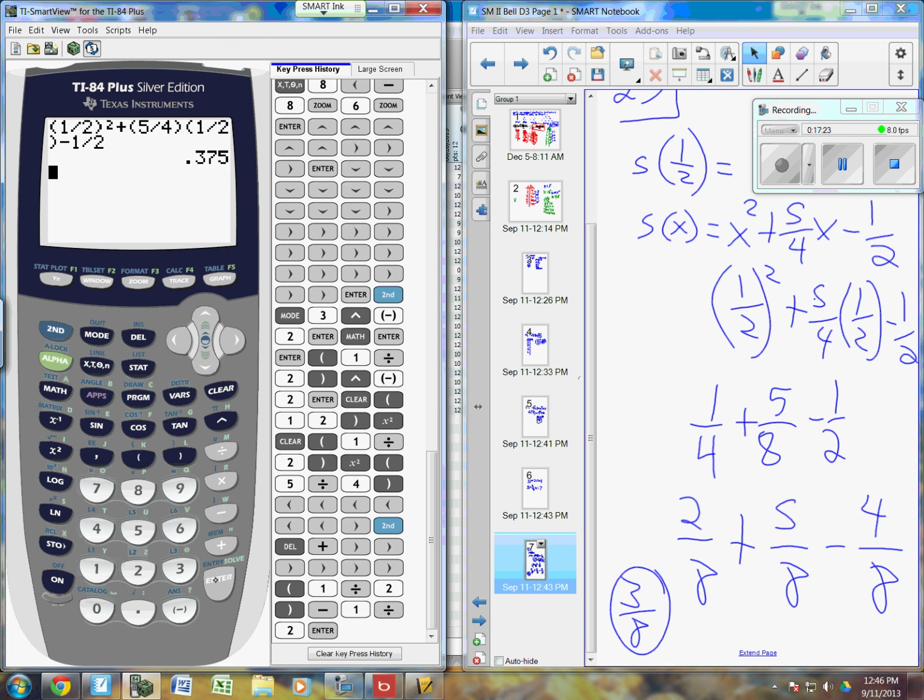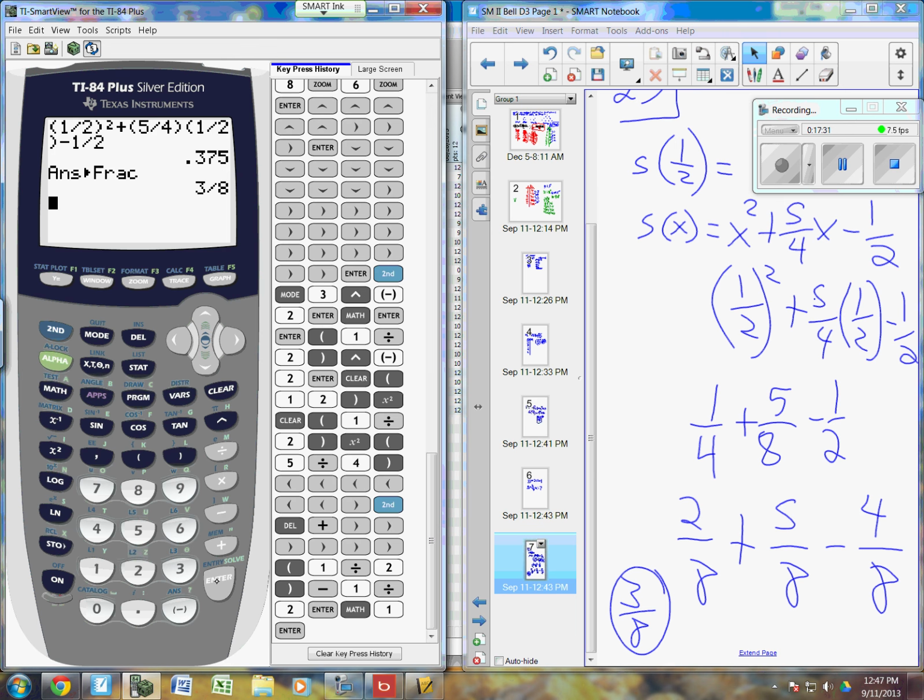That gives 0.375, which I can change to a fraction by going math, 1, and enter. And I can get 3/8.